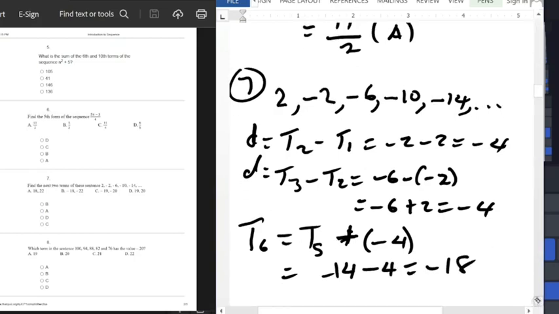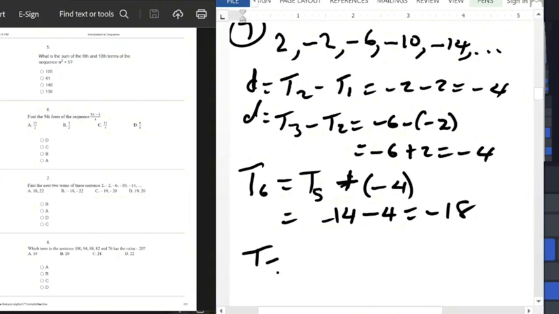The next one, T7, will be minus 18 minus 4, which is minus 22. So the correct answer is option B, minus 18 and minus 22.